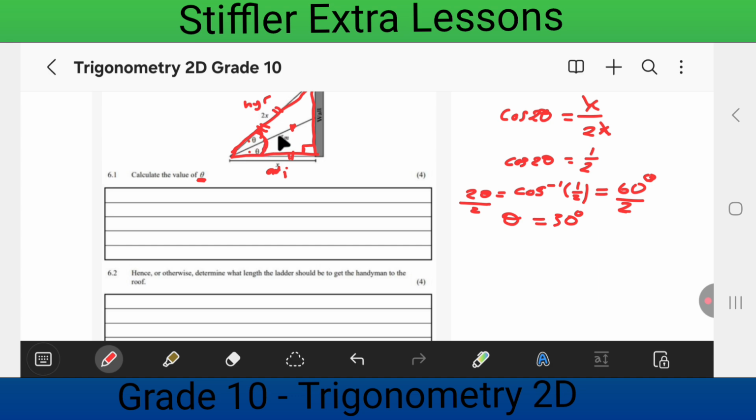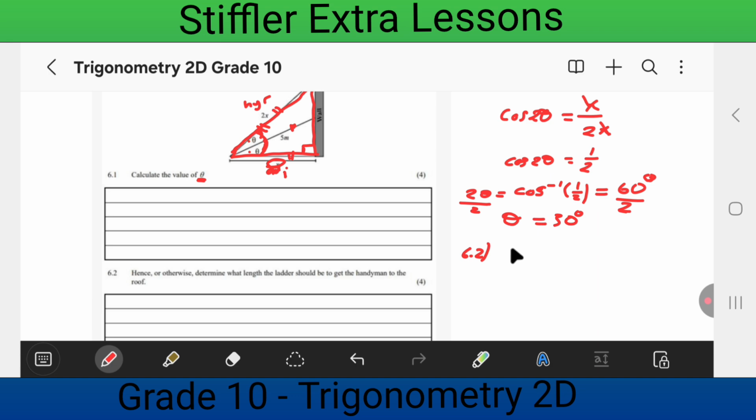So let's try to use the small triangle to find the value of x. So if we can find the value of x, it means that we can multiply by 2 to get that, right? So again, which ratio should we use? We can see here that this is the hypotenuse again, and this is the adjacent. So we can use cos theta as well.